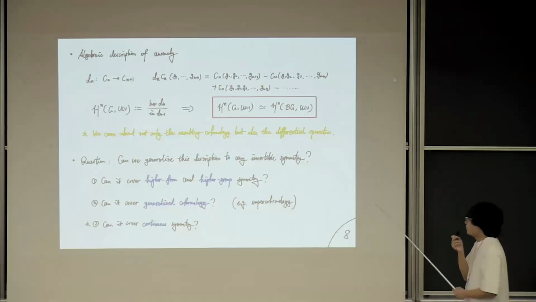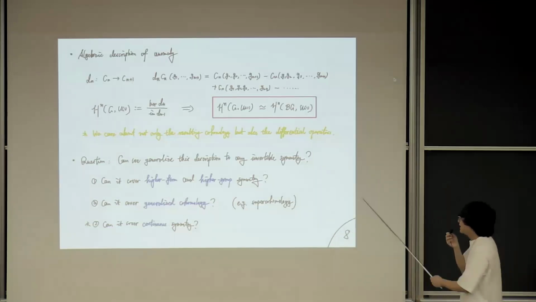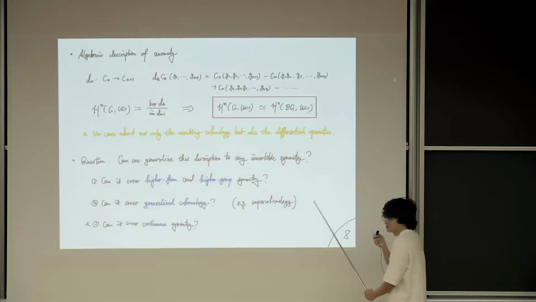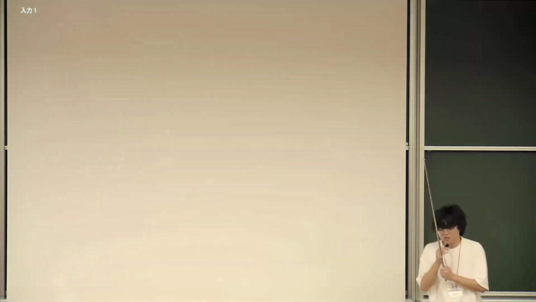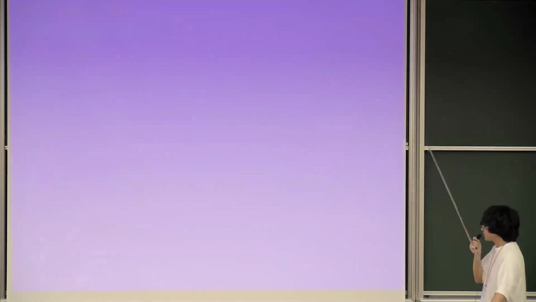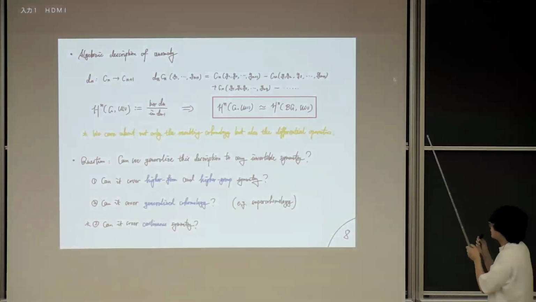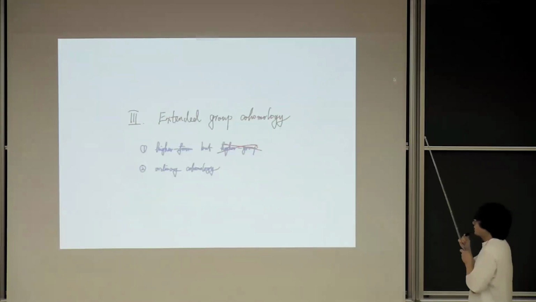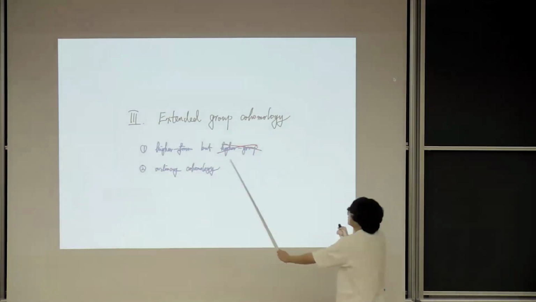Okay, so this is a question I propose now. But I have to apologize because I will not answer this question in this talk. In this talk, I will just push a small step further. I will just talk about some very simple generalization of the group cohomology, which is, I think, interesting enough to share with everybody. So that's why I decided to talk about this. What I'm going to talk about is I will consider higher form symmetries, but I will assume that the higher group structure is trivial.